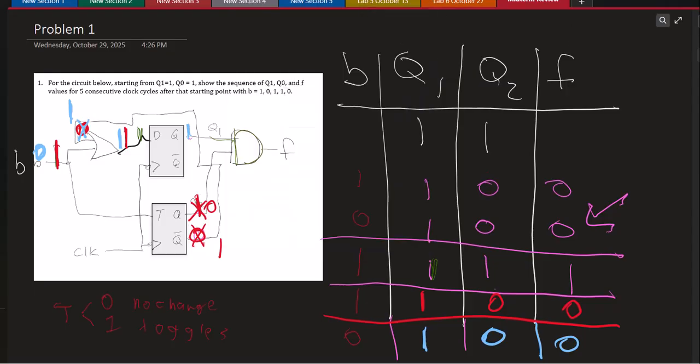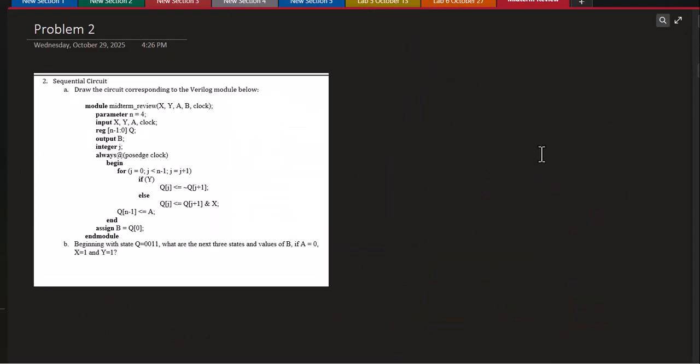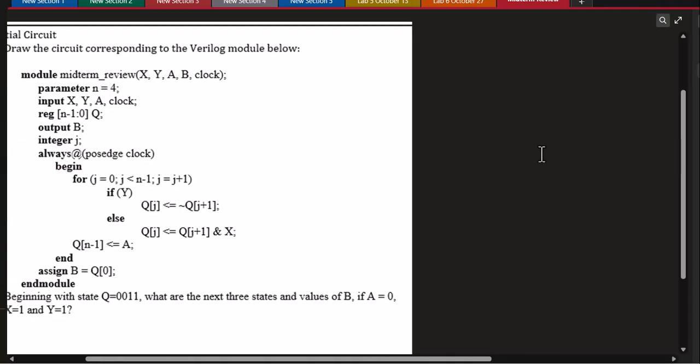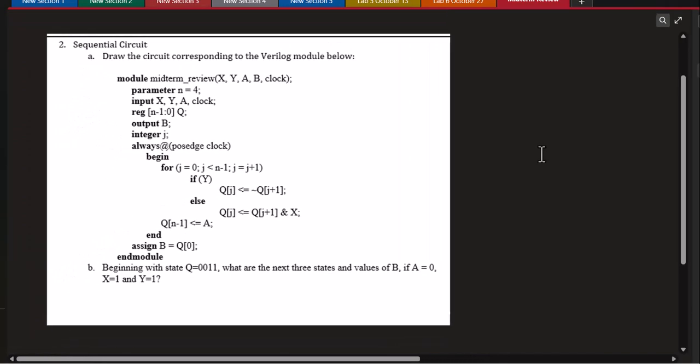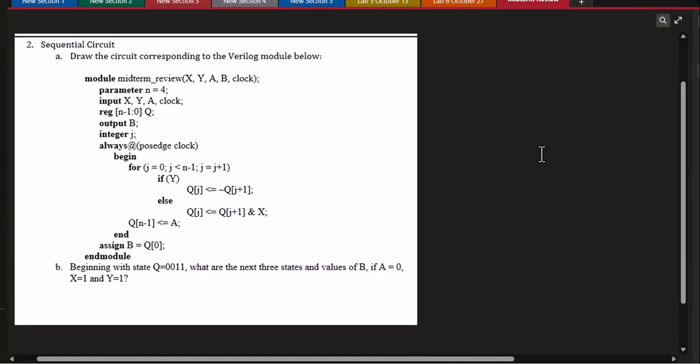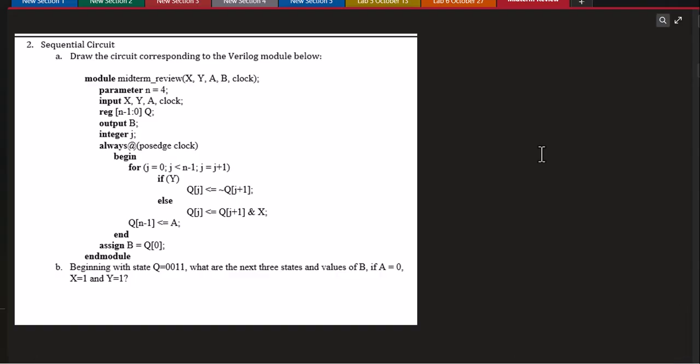All right, problem 2. Draw the circuit corresponding to the Verilog module below. I want to give you some tips for how to do this because it may seem overwhelming, but if you see something like this, it's likely to have a similar sort of setup.